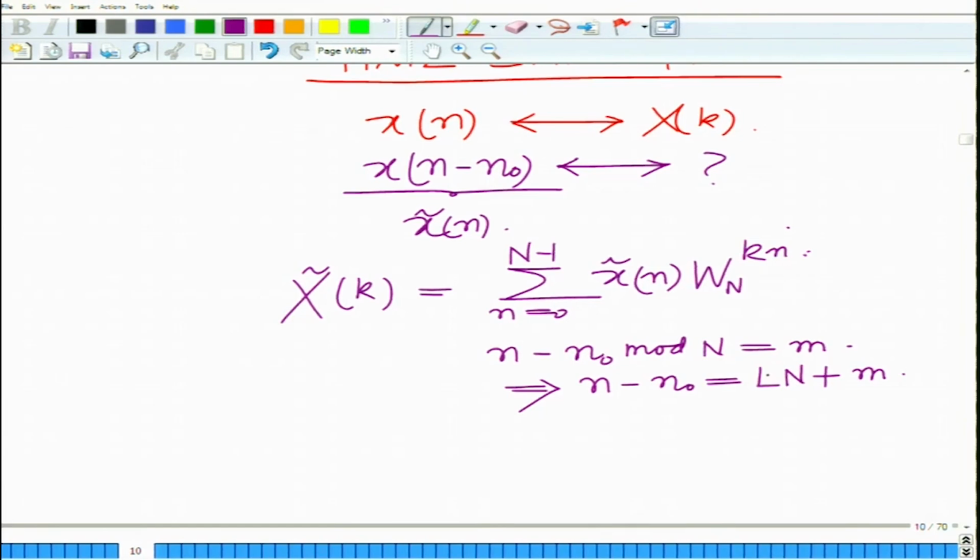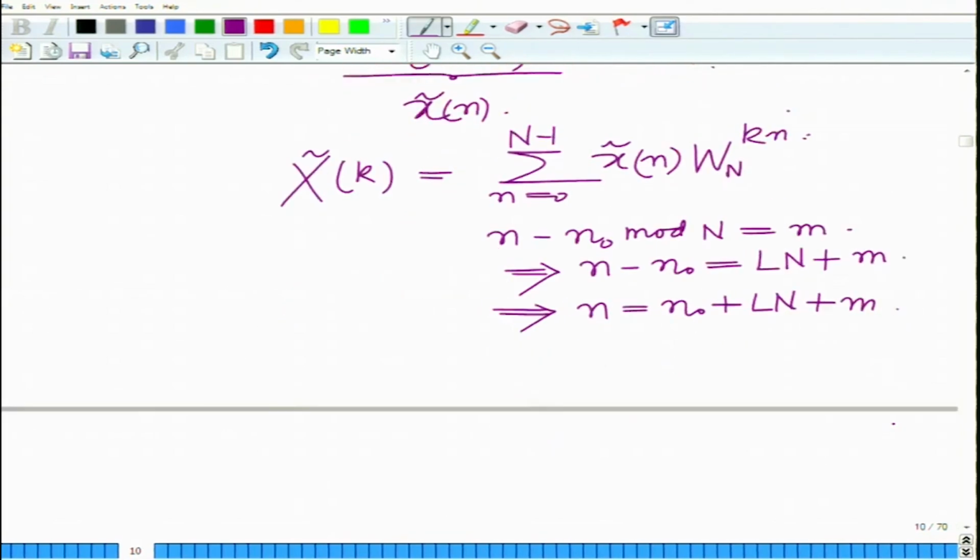So n − n0 is some multiple of N plus m, which implies n equals n0 plus LN plus m.